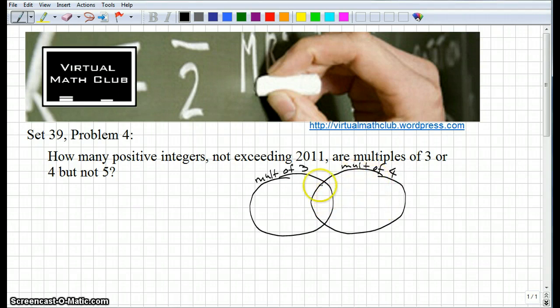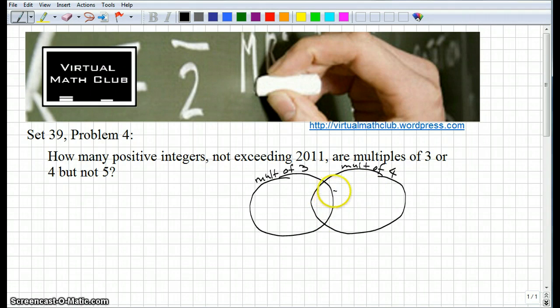If they're multiples of 3 and 4, they would be in the intersection of the two sets. A number like 9 is a multiple of 3 but not 4, so it would be in this part. Say, 16 would be over here. It's not a multiple of 3, but it is a multiple of 4. And numbers that are multiples of 3 and 4 are in the intersection. Okay? So that'll help us think about it.